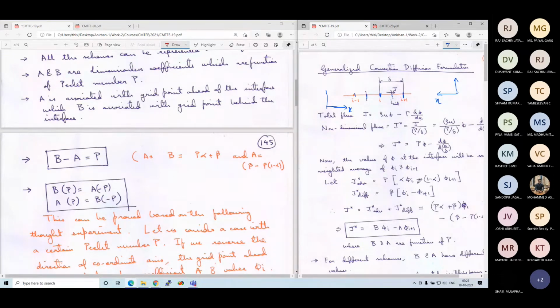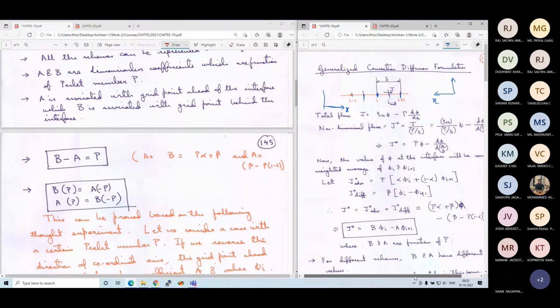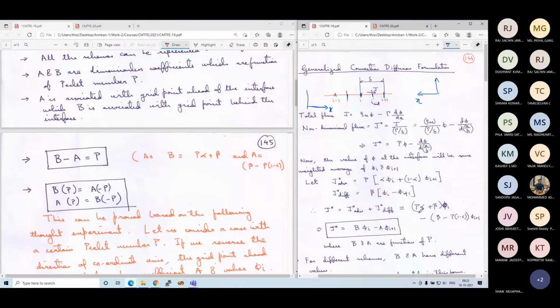So one is that, what is B? B is P alpha plus beta, and A is beta minus P into 1 minus alpha. So if you calculate B minus A, the P alpha and P alpha get cancelled, and beta gets cancelled. Only P is left.